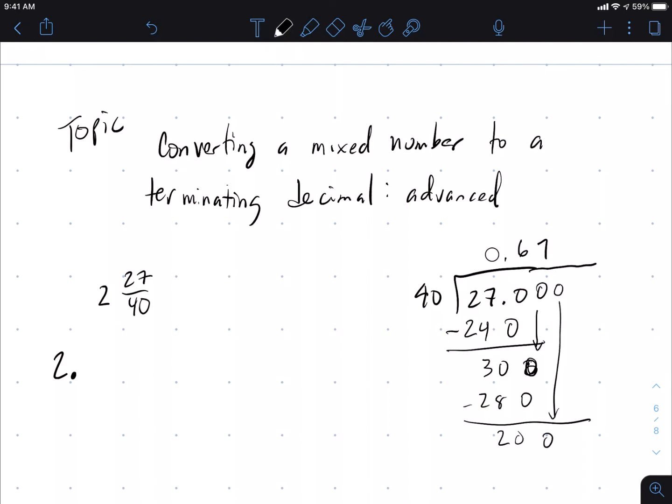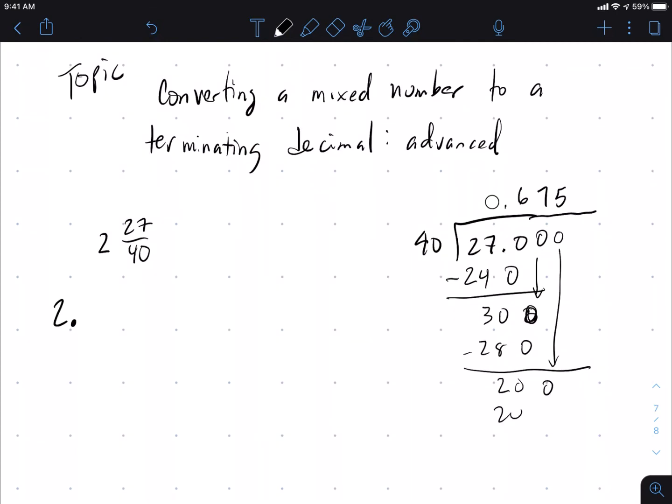How many times does 40 go into 200? That's 5, right? So 5 is going to give us 200, and our remainder is 0. So there's our terminating decimal. The 2 is from here, and the 27 over 40 is 0.675.